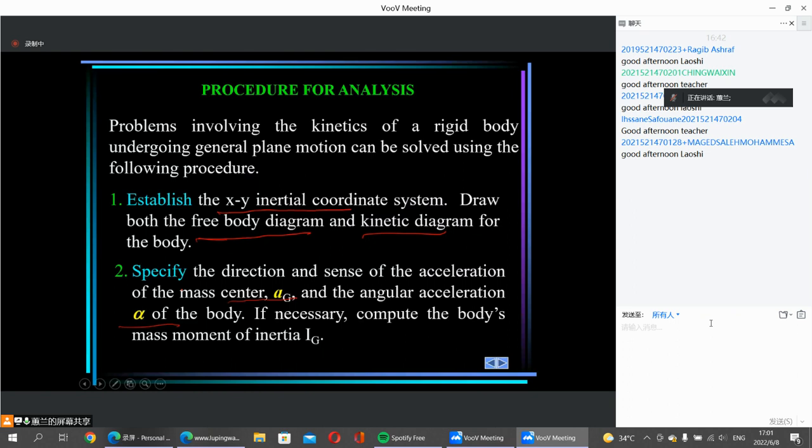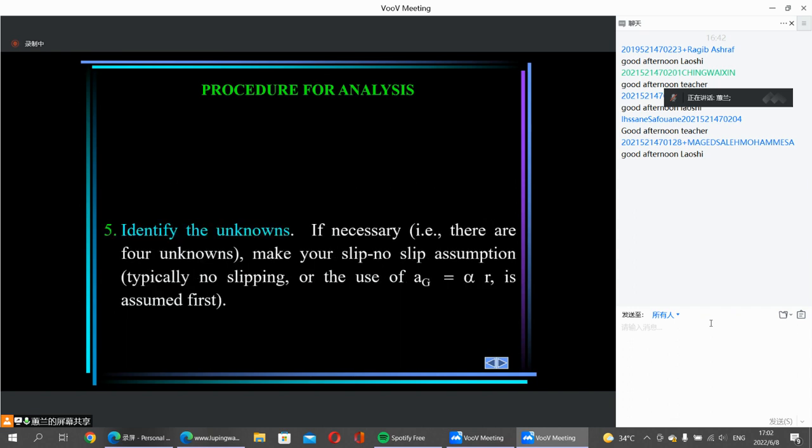Sometimes, if we don't know the acceleration of the mass center, maybe we need to find it out. You can make an assumption, okay? But anyhow, it's very important that you have the correct direction and sense of the acceleration and angular acceleration. And for the KD, we also need to calculate the mass moment of inertia, IG.